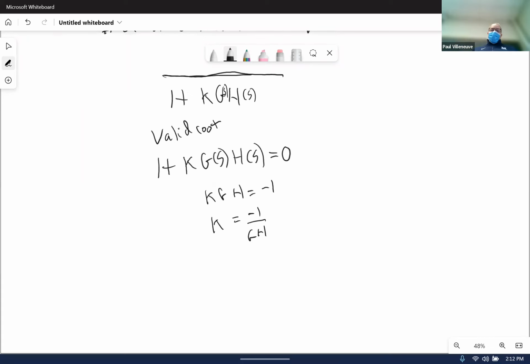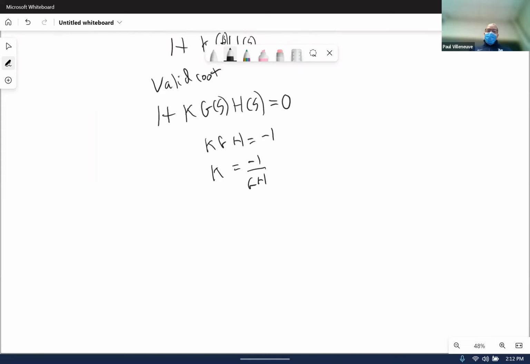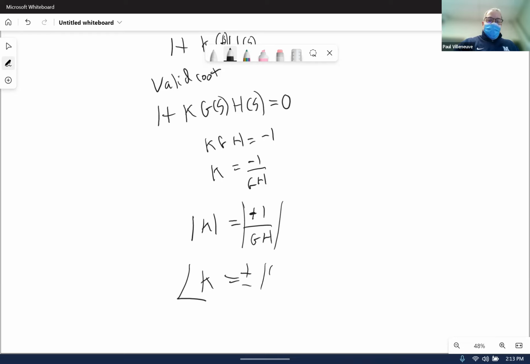Now, G times H, we can plug in values of S, right? For this to be a valid root, if we recall, S can be a complex number. So we know that the magnitude of K is going to be equal to 1 over the magnitude of GH, and the angle of K is going to have to be equal to plus or minus 180 because of that value there.